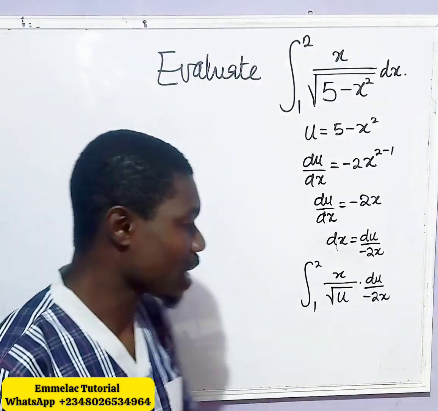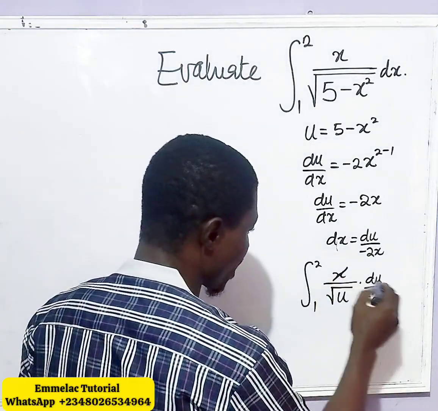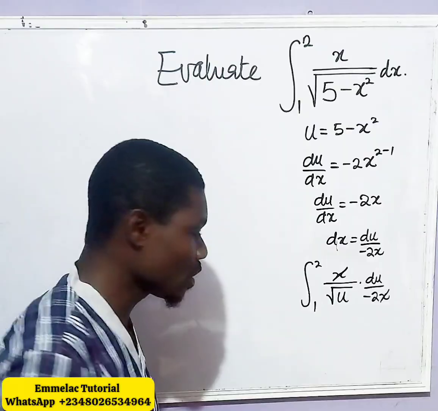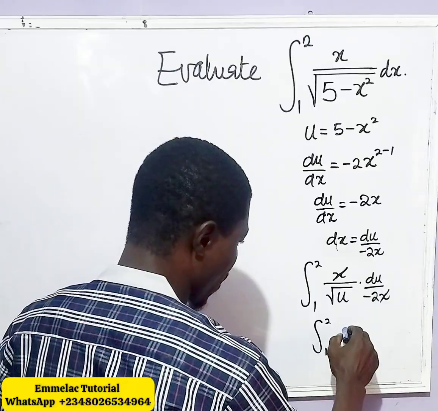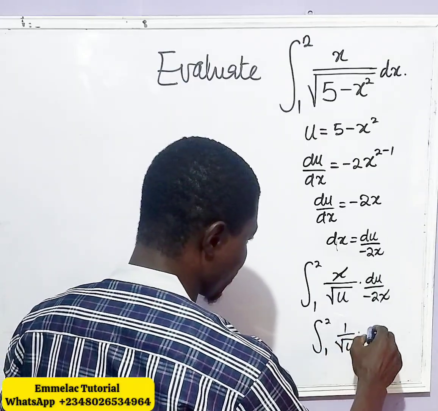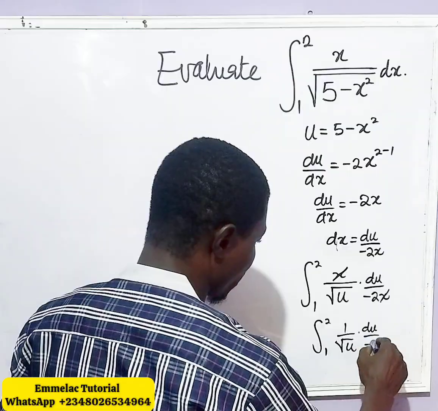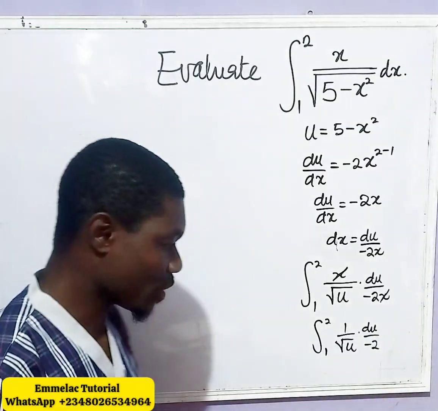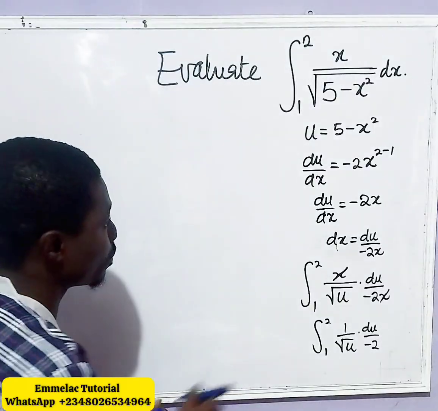So at this point we can eliminate the variable x. This cancels out this. So we are now left with 1 all over the square root of u times du all over negative 2. Alright, you can see it's now looking simpler.